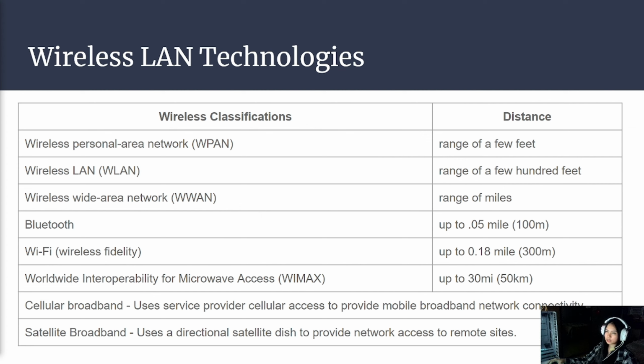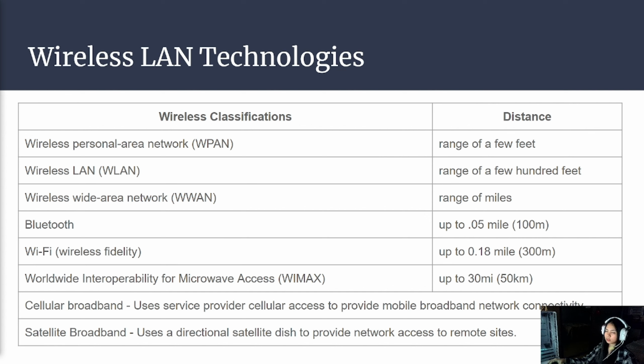Wi-Fi, or wireless fidelity, an IEEE 802.11 wireless LAN standard, provides network access to home and corporate users, to include data, voice, and video traffic, to distances up to 0.18 mile or 300 meters. Worldwide Interoperability for Microwave Access, or WiMAX, an IEEE 802.16 wireless wide area network standard, provides wireless broadband access of up to 30 miles or 50 kilometers.